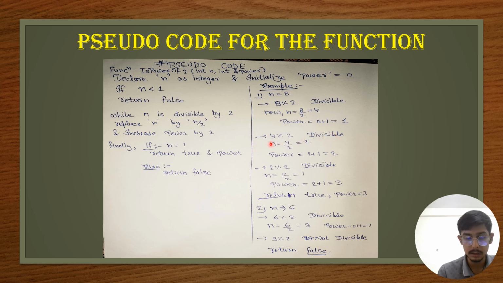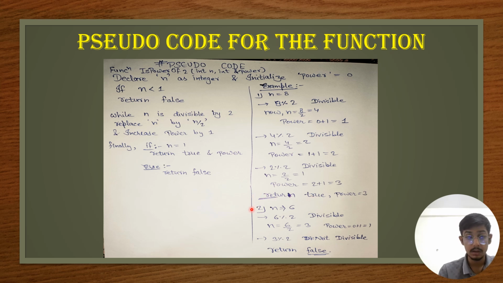So again we replace n equal to 4 by 2, and power is also increased by 1. Again 2 is divisible by 2, so n is replaced by n by 2 and becomes 1, and power increases by 1 and becomes 3. Notice that now n has reduced to 1, so it will return true to the function along with the power, that is 3.